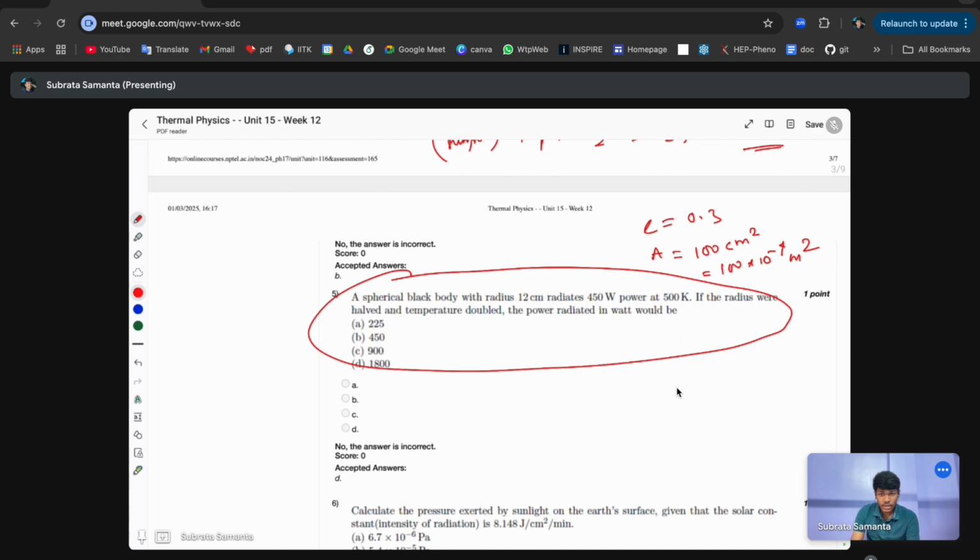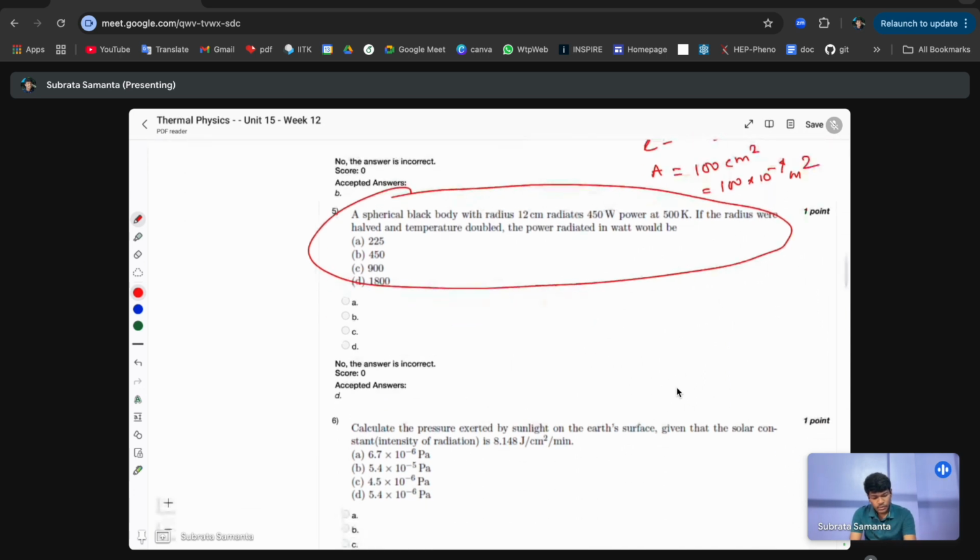If the radius were half and temperature doubled, the power radiated in watt will be? So the black body is spherical, and the radius r is 12 centimeter.